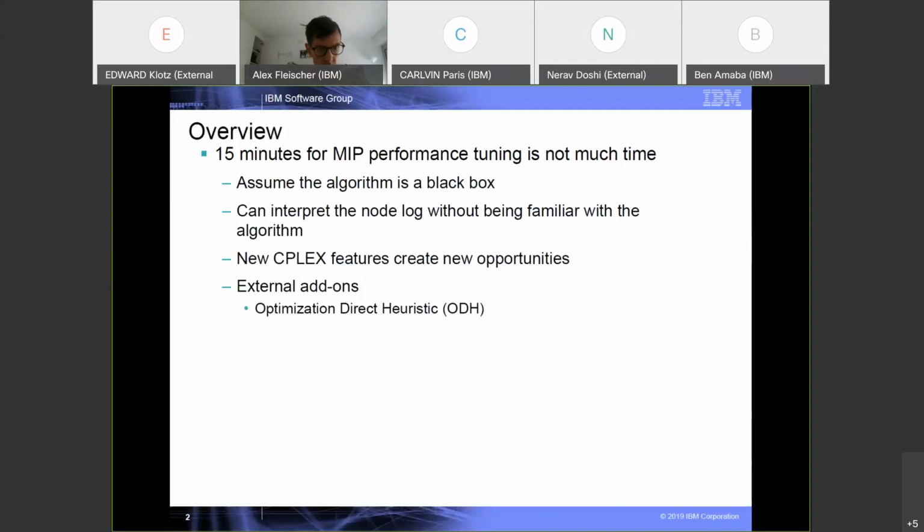And even without being familiar with the algorithm, we can make significant progress. And then I'll touch briefly on some new Seaplex features and external add-ons that also can facilitate performance, sometimes without any performance.